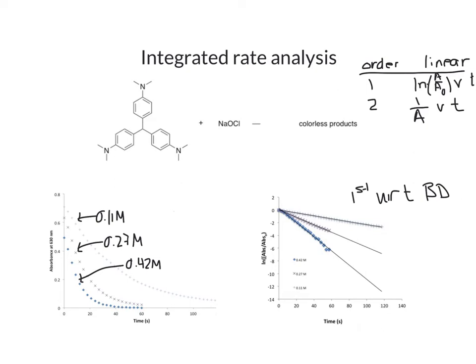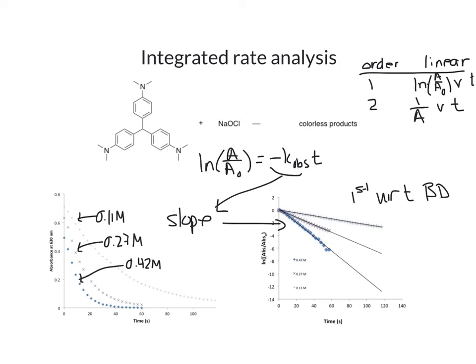So the slope is negative, so the opposite of the slope is equal to k observed. Remember, for this first order integrated rate equation, we had that the natural log of the absorbance divided by the absorbance at time t equals 0 was equal to minus k observed times t. And so minus k observed is the slope of each of these lines.